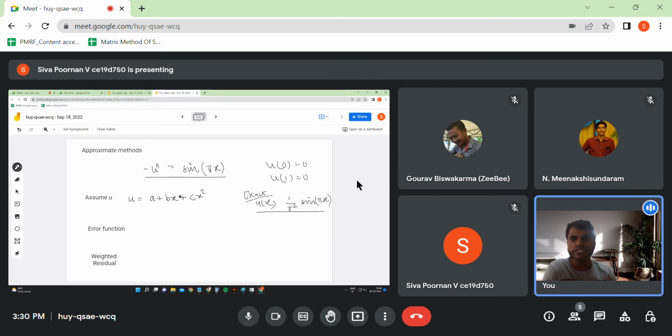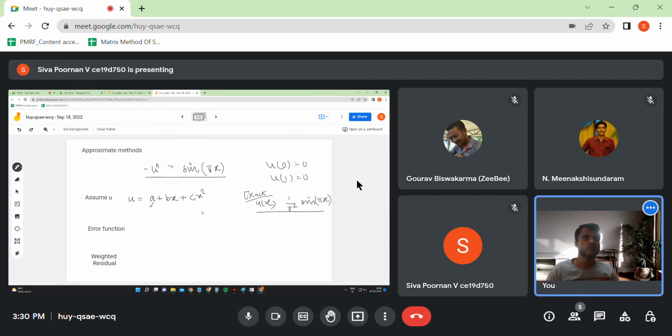What I'm interested in is finding a, b, c such that the error between the actual solution and the approximated solution is minimum. So my problem now is to find a, b, c such that u is a good enough approximation for this problem.